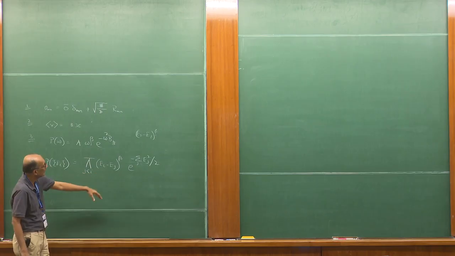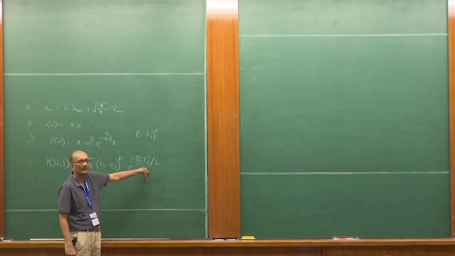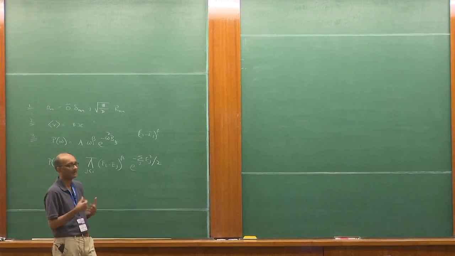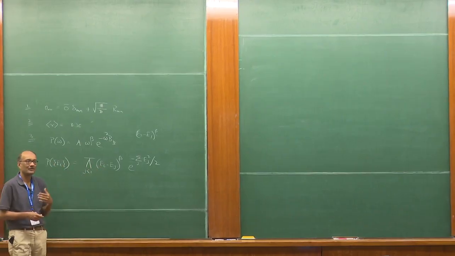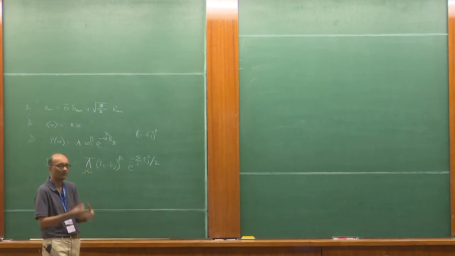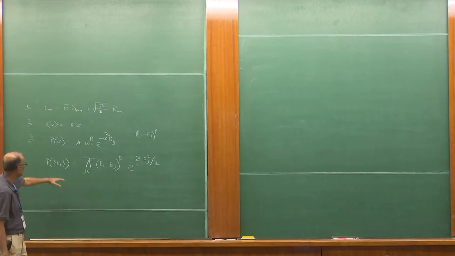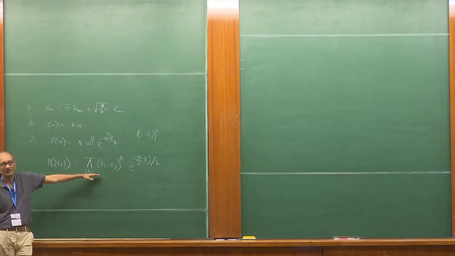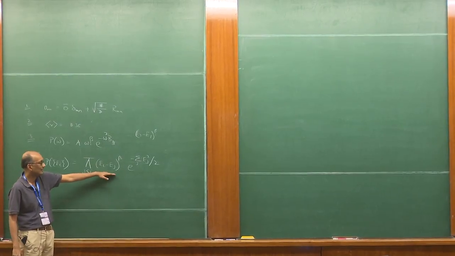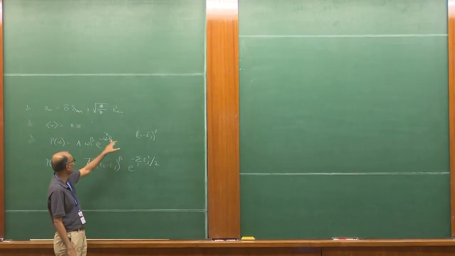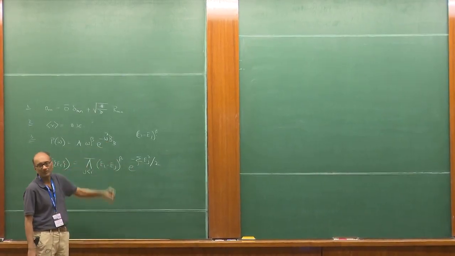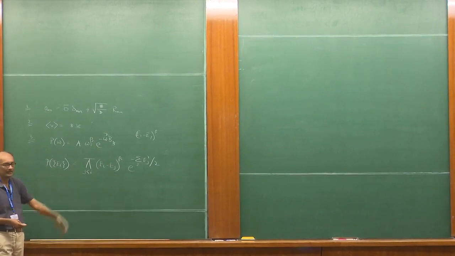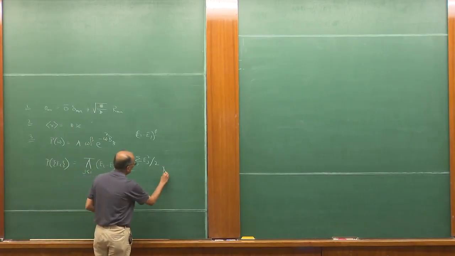Then you put in this factor to ensure that at large enough energy, this probability has very little weight; it will just decay. This is essentially just a guess, but if you take this and do numerics, you get quite a good result. This is easy to understand, because you are building in the level repulsion, and also the fact that at large omega, this goes as omega squared, a decay. These two facts are built in, and therefore this gives a good result. And of course, there is a normalization, which I ignored.